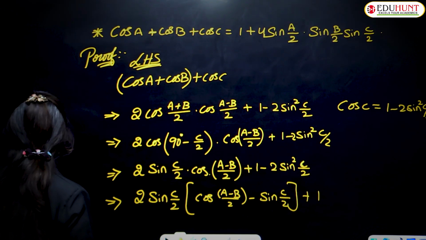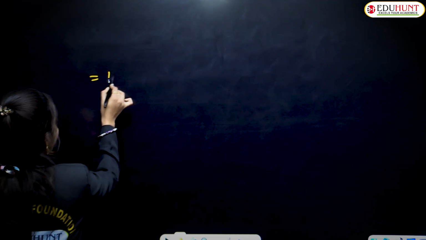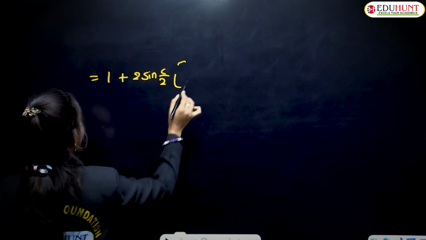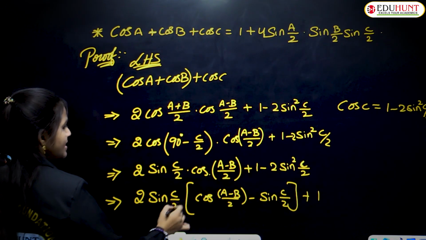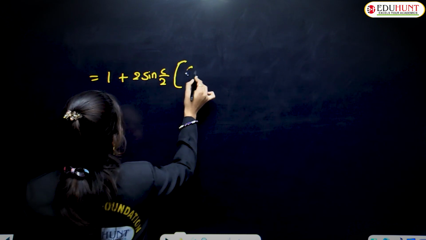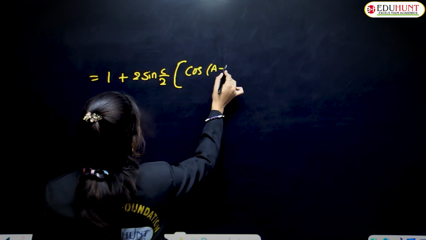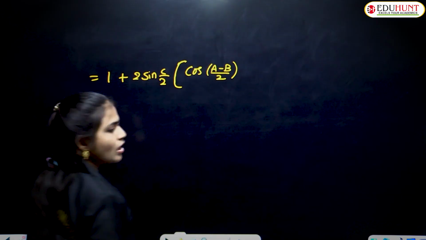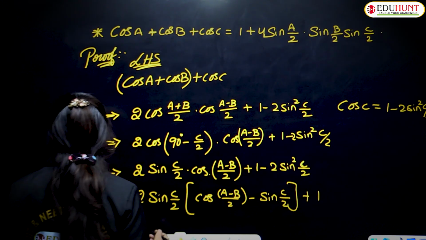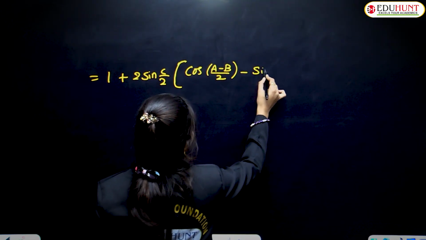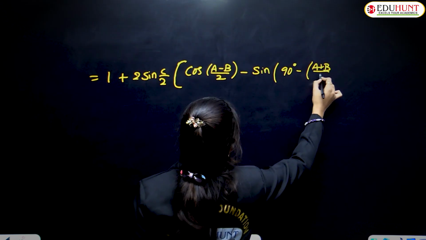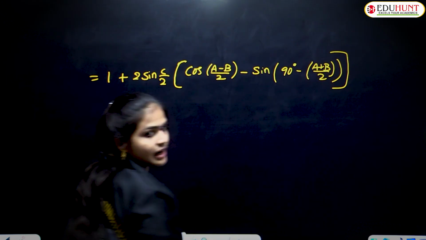So from this one, plus 1 I am writing here, 1 plus 2 sin c by 2 into cos of a minus b by 2 minus sin of c by 2. In the place of sin of c by 2, we can write 90 degrees minus of a plus b by 2. Okay, already we know how to write this.